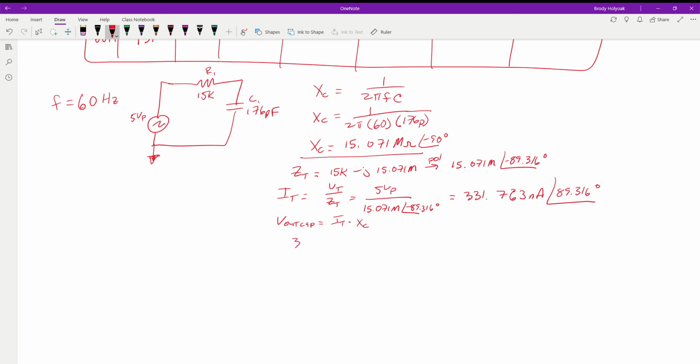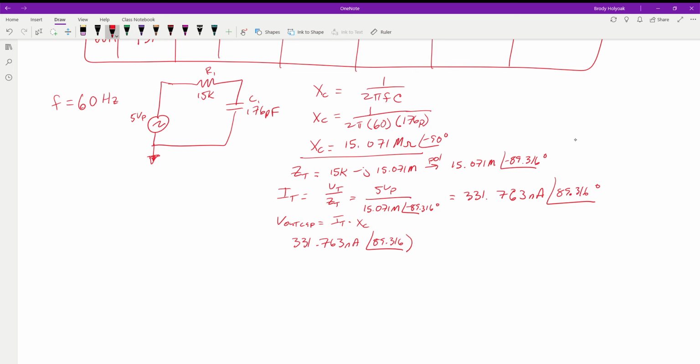So we take 331.763 nanoamps at the angle of 89.316 degrees. Oops, sorry, I thought I wrote this current wrong. It's 89.316, no, I did that right.